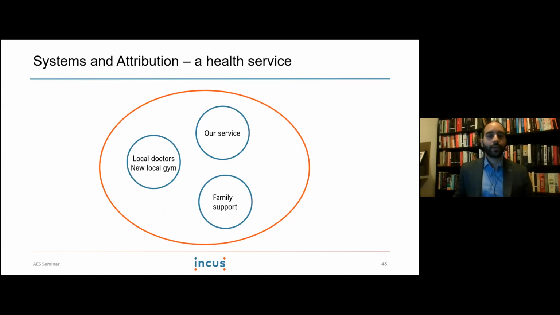And we'll draw a little diagram saying, here's our system for this particular program. There's the service, there's local doctors and a new local gym that's opened up, and there's the family support, and all of those things contribute to whether people take up healthy eating habits, exercise more, and so on. That would be great. Now we know there's just 3 factors.